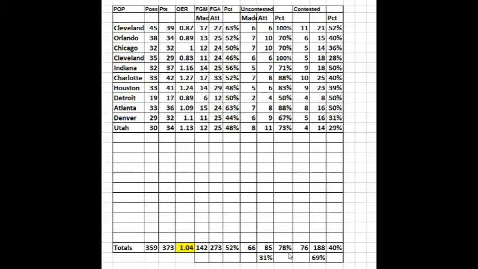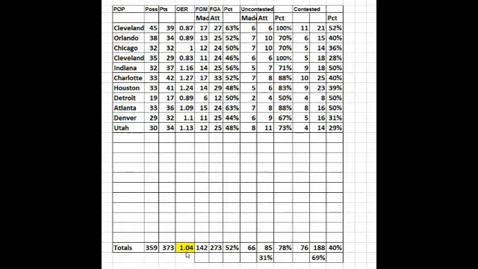That's 38% difference. That's a major difference. These teams shot 52% in these games total. Here's the key, and I put it in yellow. They had an OER of 1.04. Now you know from our other class that this is very good, and what we're seeking is an OER that's substantially better than our opponents.